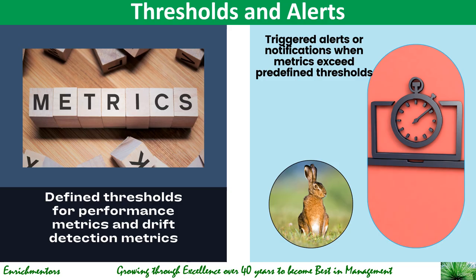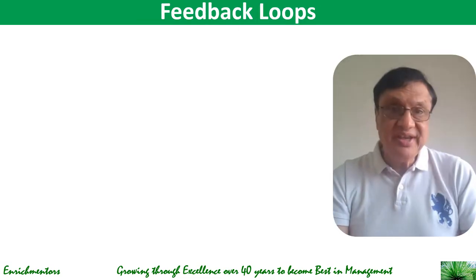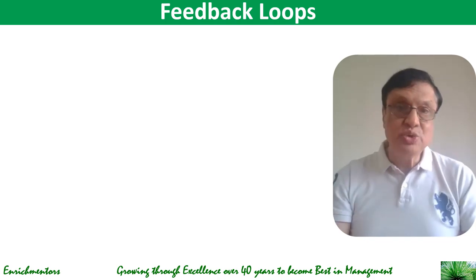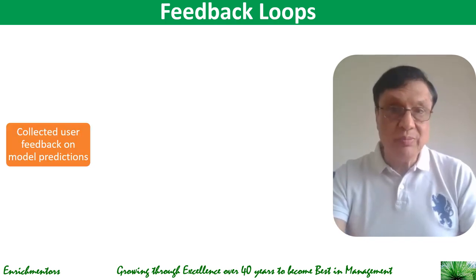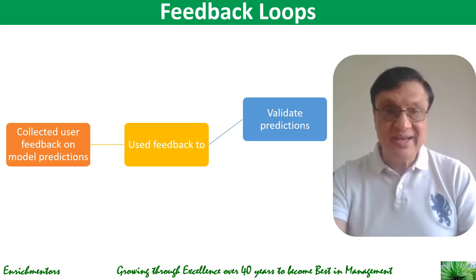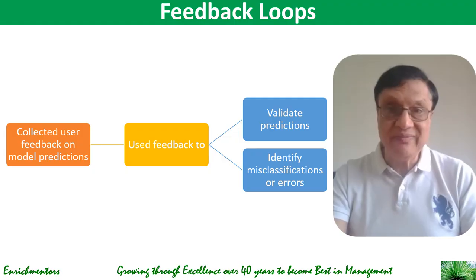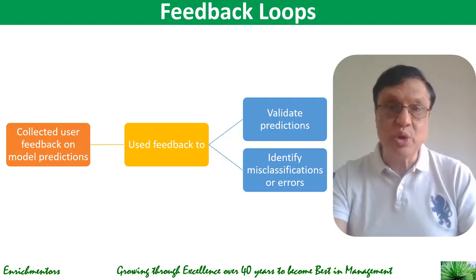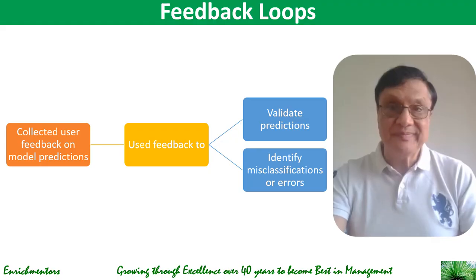So they set up this whole mechanism of thresholds and alerts. Then they started collecting user feedback on model predictions and used this feedback to validate predictions as well as to identify misclassifications or errors in the predictions.